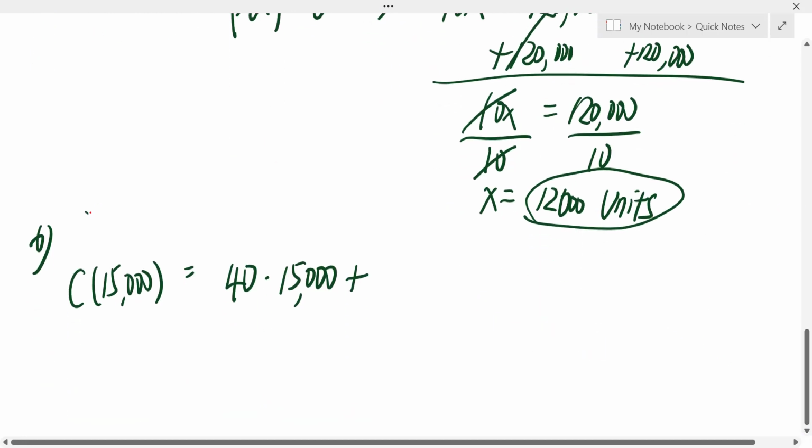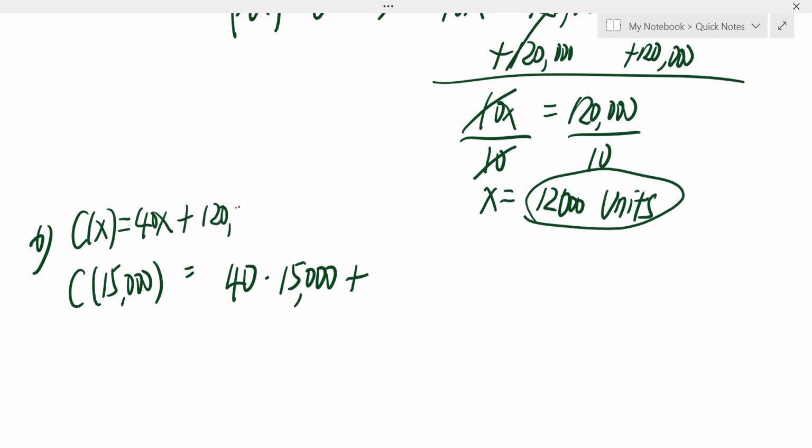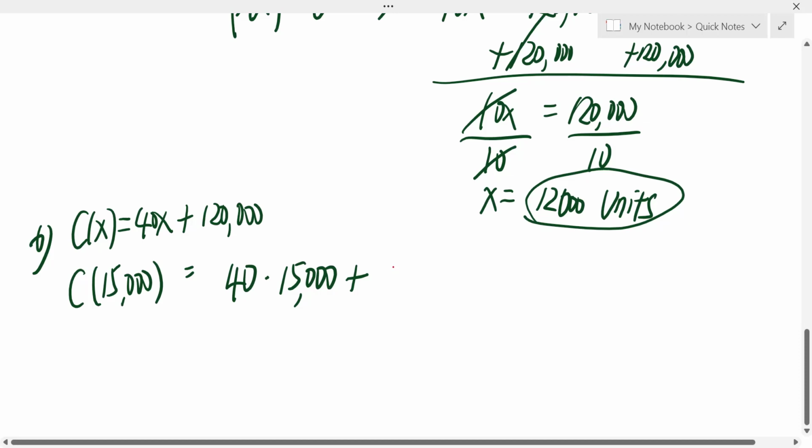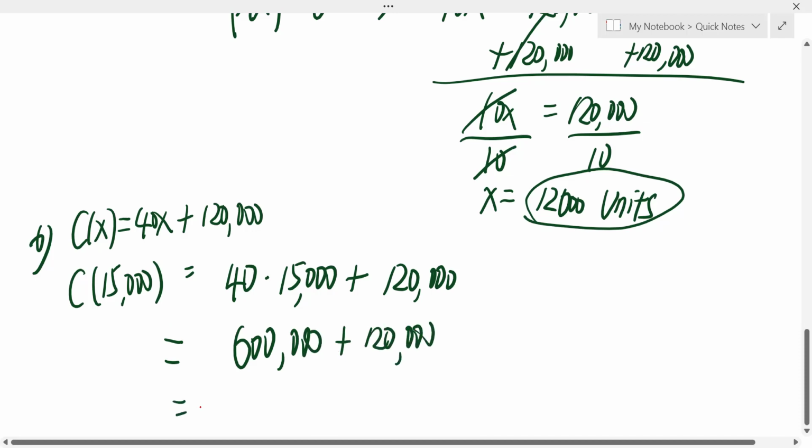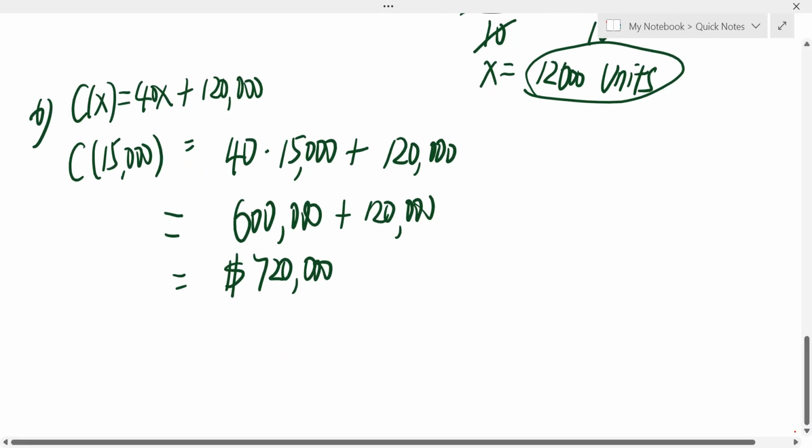So plug into the cost function. Cost function is 40x. So 40 times 15,000 is 600,000, plus 120,000, 720,000 for cost. If we divide this by 15,000, we get the average cost per unit.